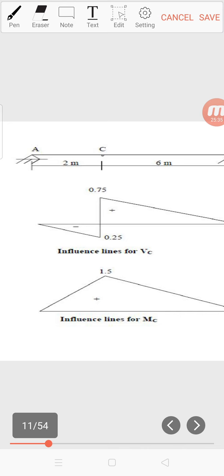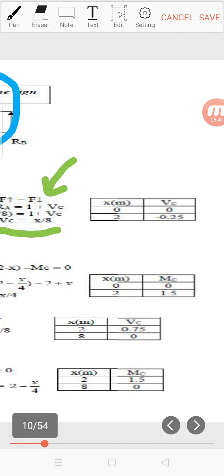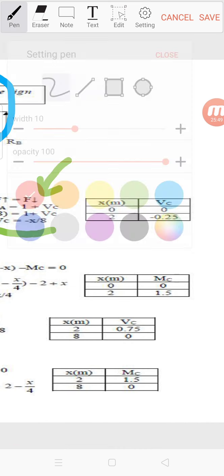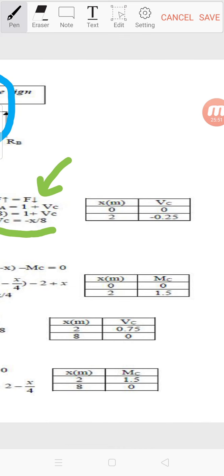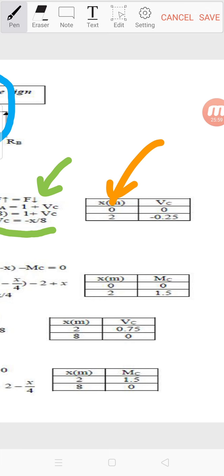So the influence line for shear at C is, you draw from 0 to 2, and from 2 to 8.